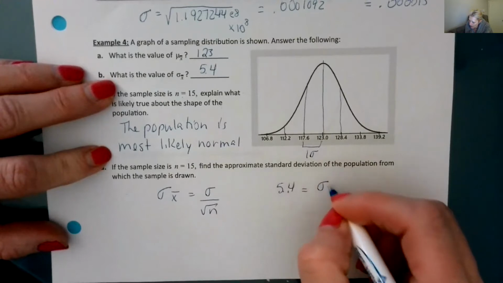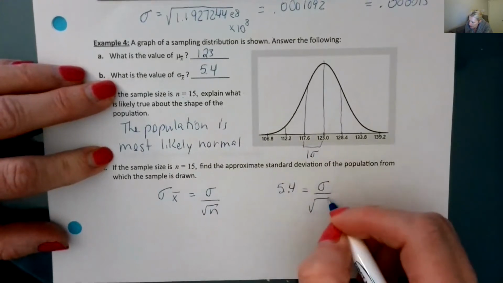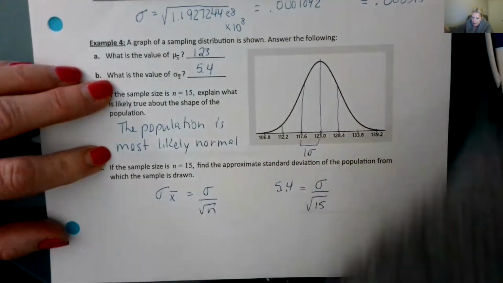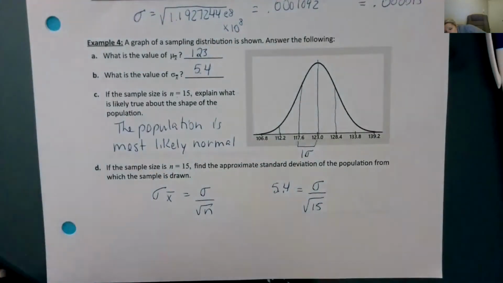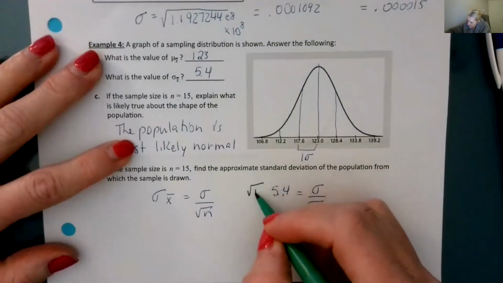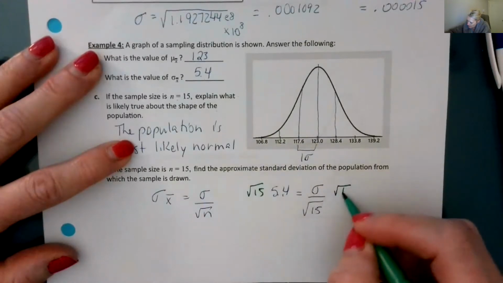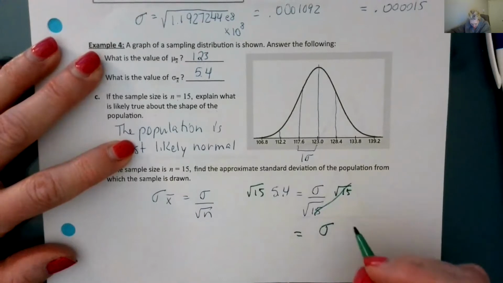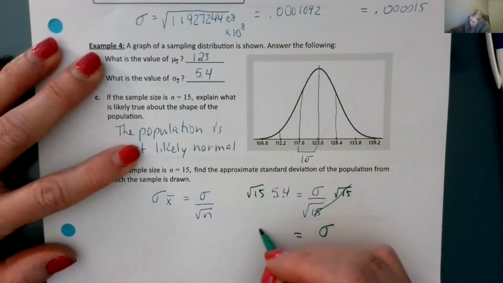We want to know the population standard deviation, and our sample size is 15. So if we multiply both sides by the square root of n, we can see that the standard deviation of the population is about 20.9.